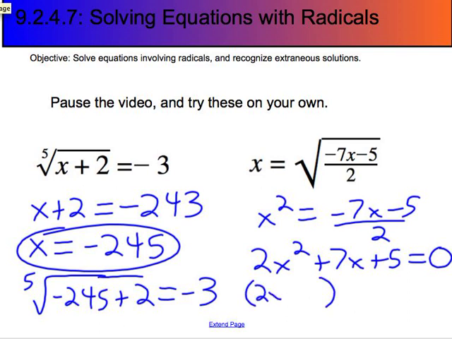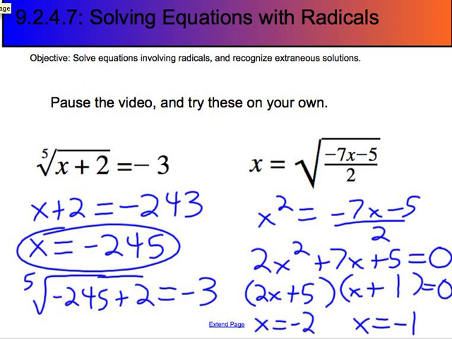And again, I'll skip the factoring work, but hopefully you ended up with that in factored form. And so then your two answers are x equals negative 2.5 and x equals negative 1.